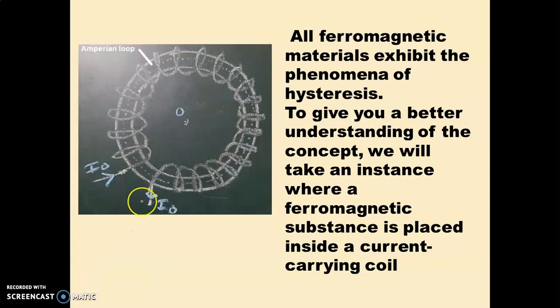Now this is simply the coil, a toroid, and the material is placed inside this toroid, or we can say that the ferromagnetic substance is placed in a ring shape like this. This thing we have to keep in mind.